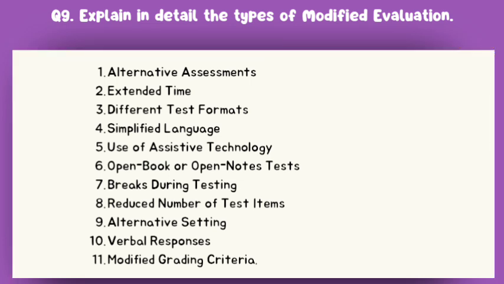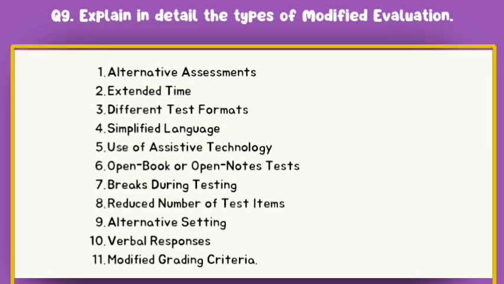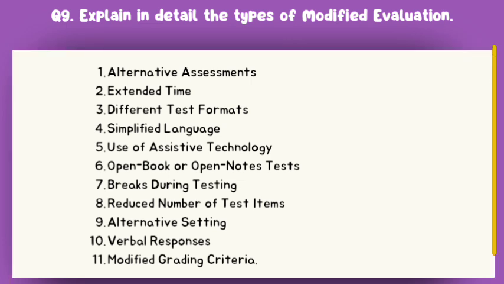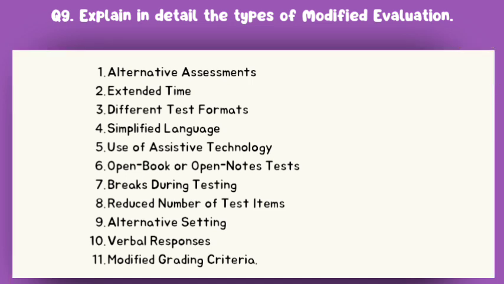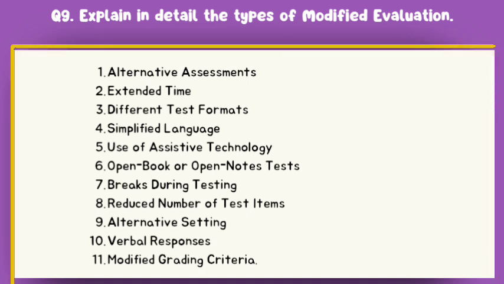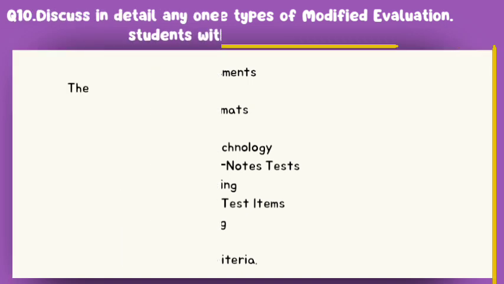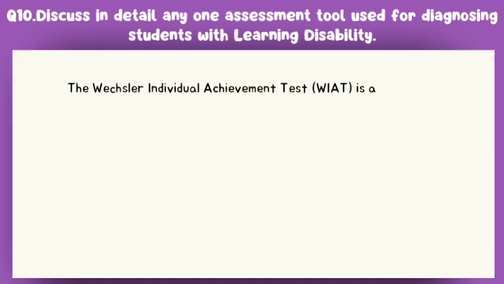The last can be modified grading criteria, adjusting the grading scale or criteria to reflect the individual student's abilities and progress. So these can be all the modifications we can provide to create a fair and supportive evaluation environment, ensuring that all students can demonstrate their true ability and knowledge.